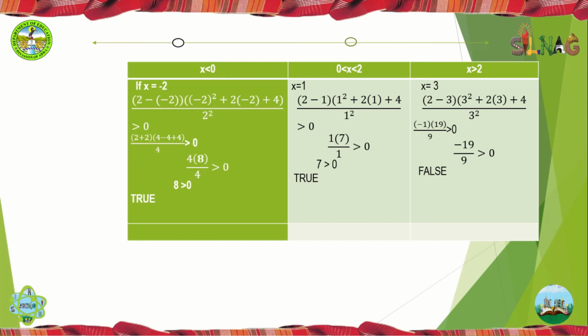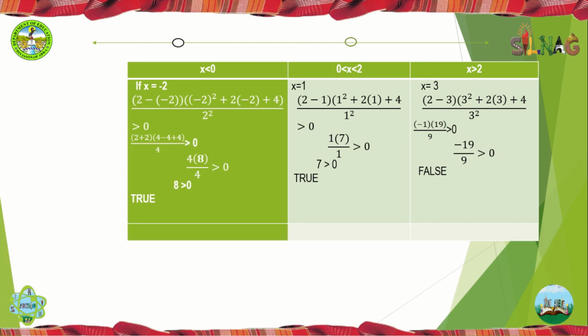Then we have to construct our table. So we have x is less than 0. So let us try negative 2. So we substitute: 2 minus negative 2 times the quantity of negative 2 squared plus 2 times negative 2 plus 4, over negative 2 squared, is greater than 0.